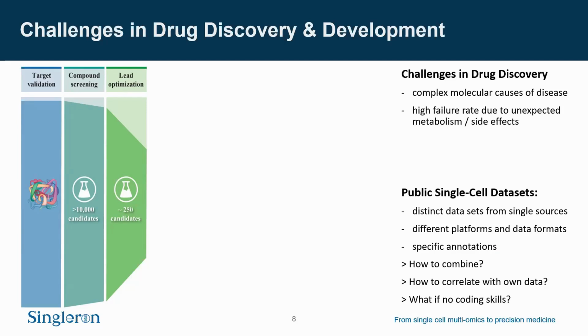At this phase, single-cell data could serve as a glimpse into the crystal ball, as it makes subtle effects in specific cell populations visible that might get lost in bulk analysis. If we would have easy access to consolidated datasets.